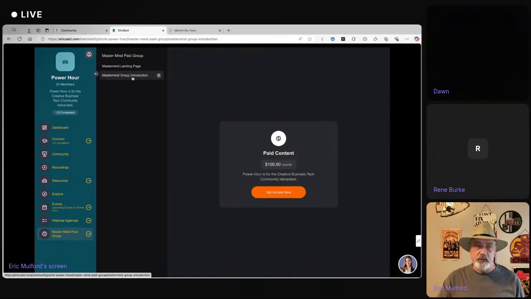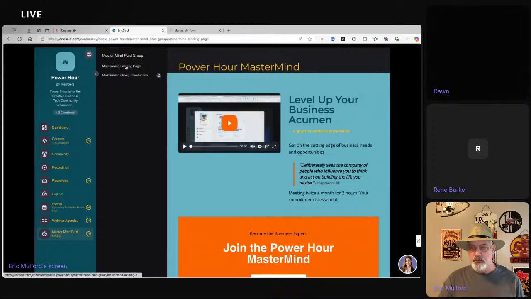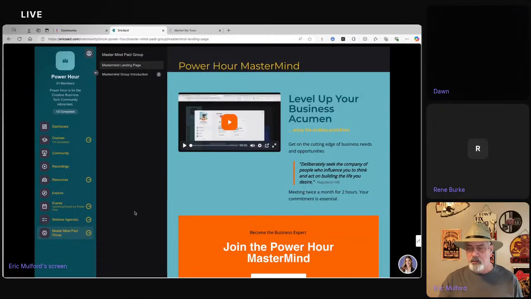Okay, that page would give them access to all of the things that are part of that mastermind. So where we would store all of the additional stuff, but all of that is behind this paywall. This right here is a free page. We identify this as a paid group, but people can look at it and see what we have. All right, are there any questions before we go?